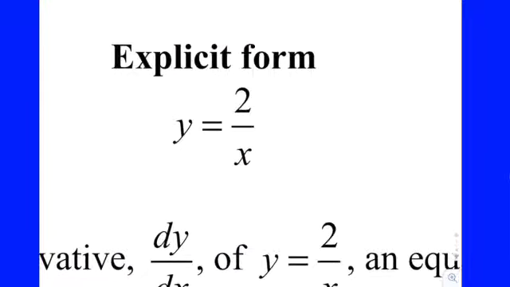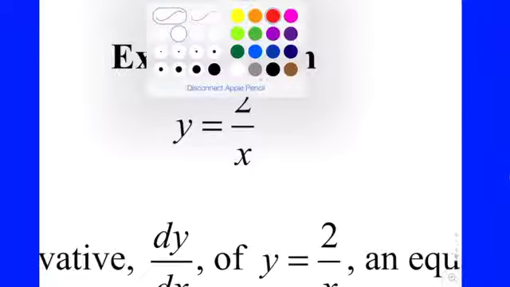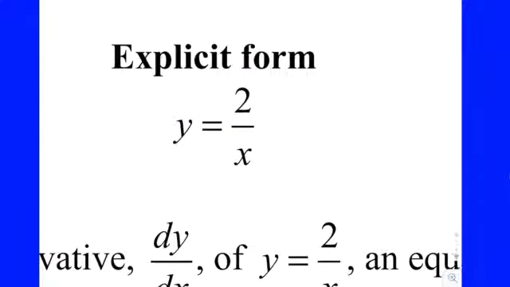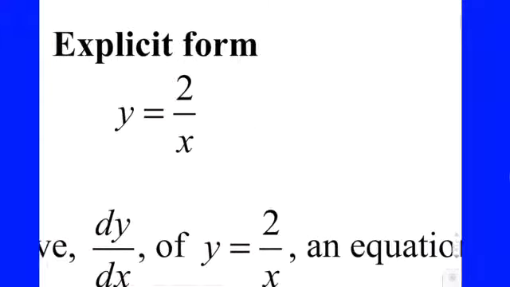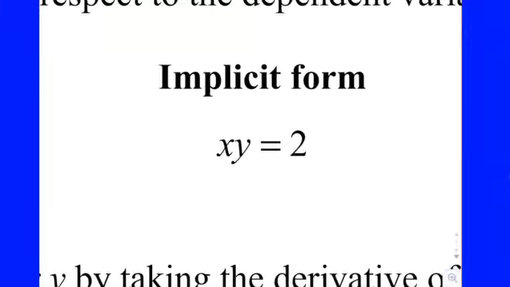So let's take a look at this example. This is y equals 2 over x. That would be in what we call explicit form. You have a function of x. It is solved for y explicitly in terms of x. There's no y's on the other side. If you just multiply both sides by x, you get xy equals 2. That's still an equation, but now it's not solved for y. Now, if it can be solved for y, you're probably going to want to solve it for y and take the derivative like we've been doing.